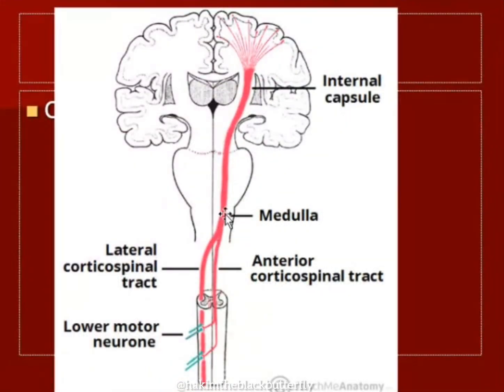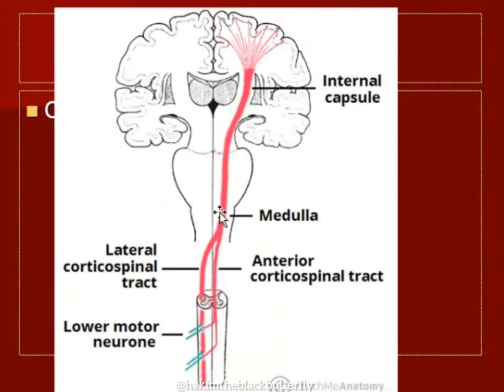If the corticospinal tracts are injured at this level before they cross, you're going to get paralysis on the upper limb muscles and lower limb muscles of the opposite side, and also on the muscles of the trunk of the same side, if the tract is injured before it decussates.